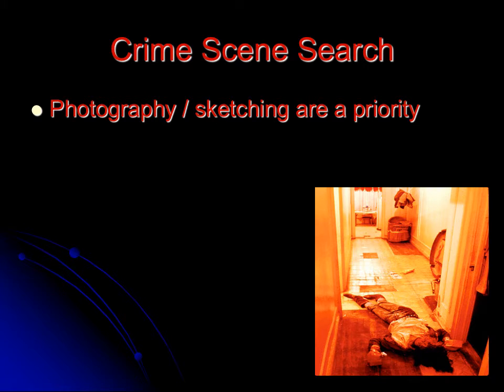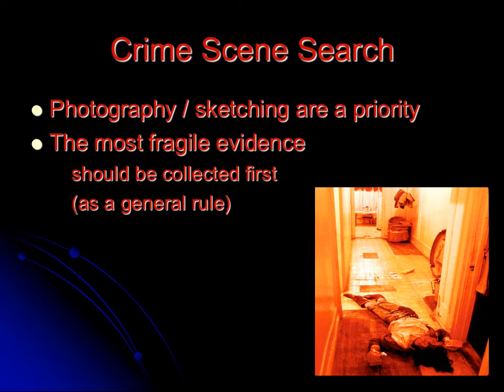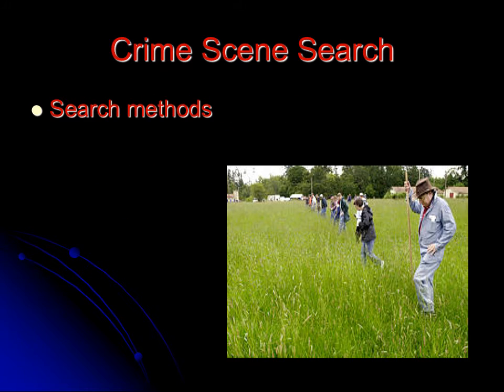Some things have to be moved for safety, but other than that, you need to take photos of everything, including the body in homicide cases or death investigations. When you go to collection, obviously we're going to take fragile evidence first as a general rule, and recall every crime scene is different, so sometimes we have to bend the rules. But as a general rule, things like blood are very important because it is so fragile.